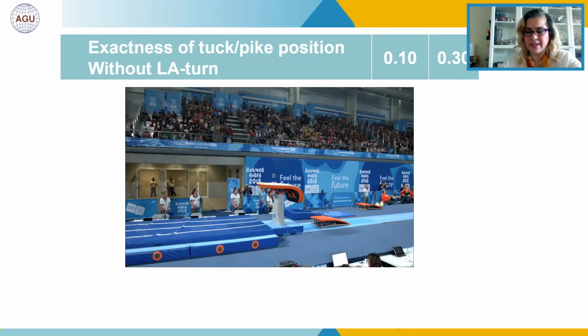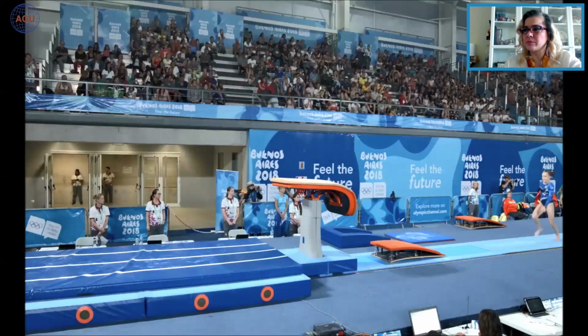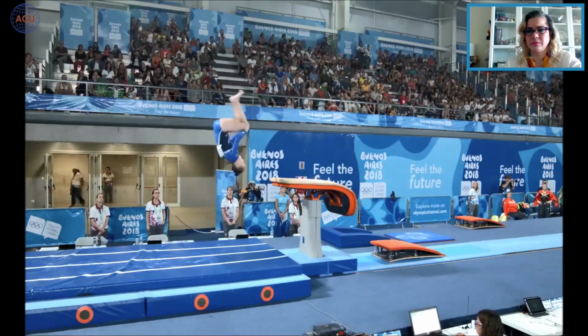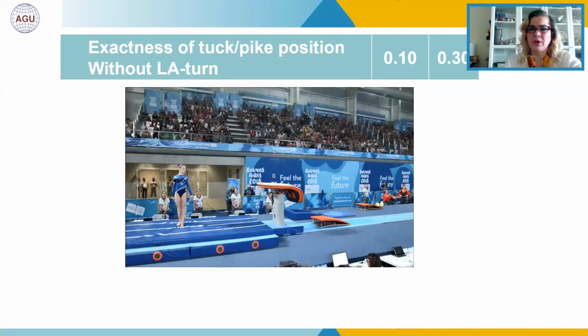You already know the criteria for the tuck and pike regarding the hip angle or the knee angle. Let's see the example first. Okay, tuck salto, but we deduct 0.1 for the exactness of the tuck position.